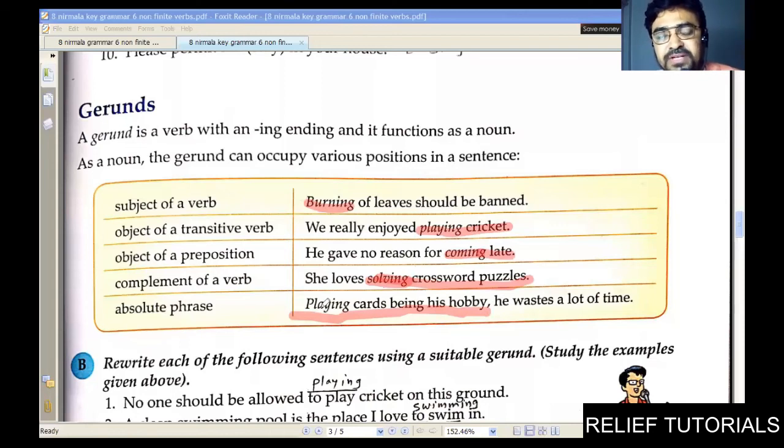Playing cards is the name of an activity, the name of a hobby, so it is working as a noun with the ing form of the verb. So it's a gerund, and is an example of a non-finite verb. So here you have the various placements of gerund, and its usages, its form.